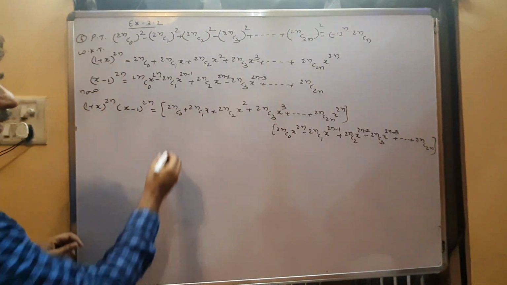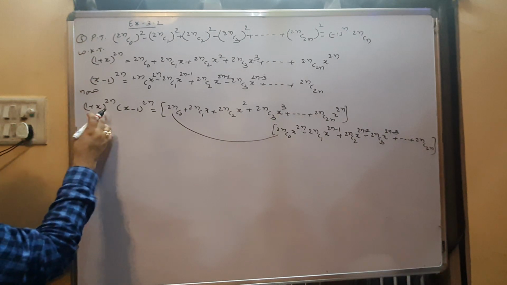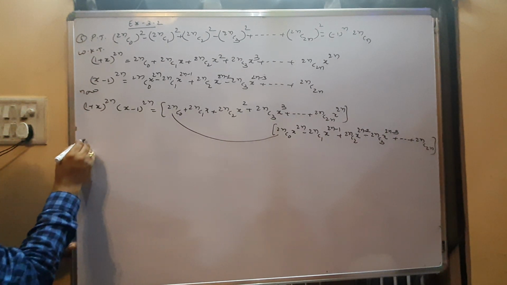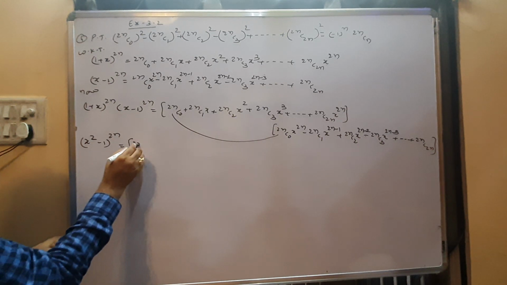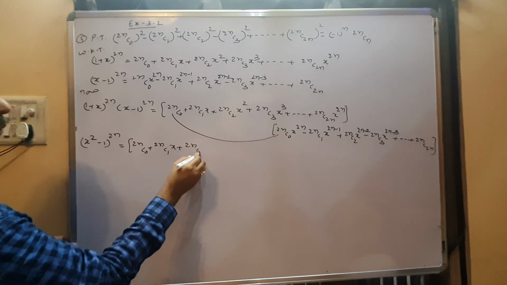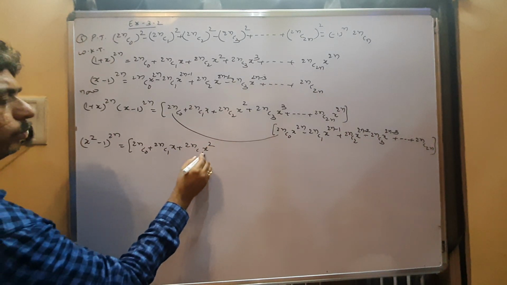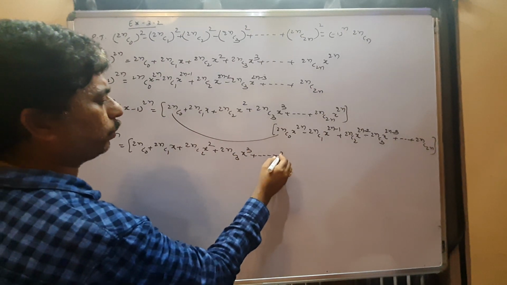Now you want 2n C0 into 2n C0, so 2n C0 whole square. On the left side, 1 plus x or x plus 1 are both the same, so this becomes x square minus 1 whole power 2n equal to 2n C0 plus 2n C1 x plus 2n C2 x square plus 2n C3 x cube plus and so on, 2n C2n.